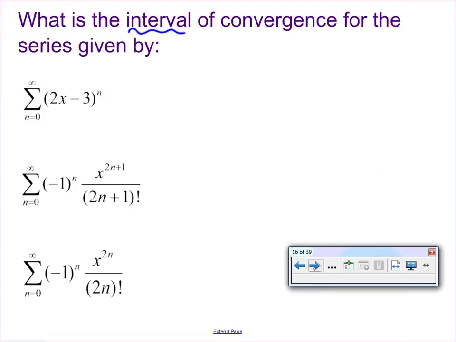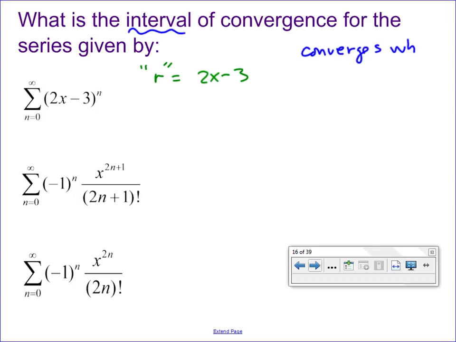Yeah, and so all we need to do to find the interval of convergence, right? We know that this is a power series with r equal to 2x minus 3. So it converges when the magnitude of 2x minus 3 is less than 1.